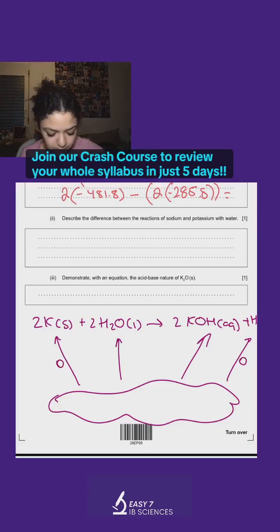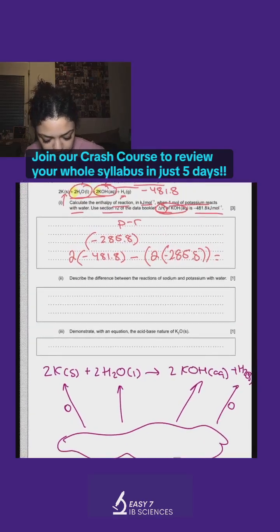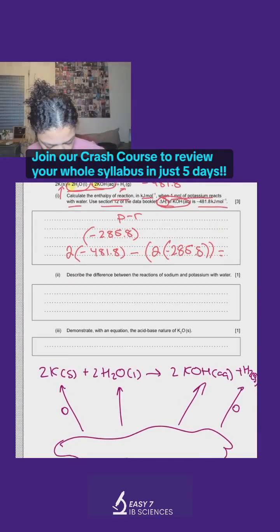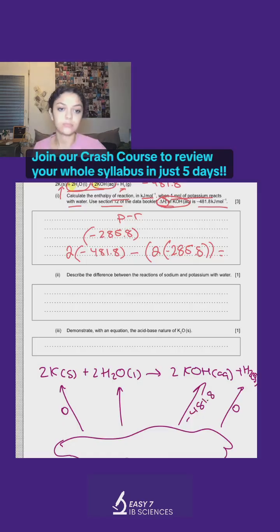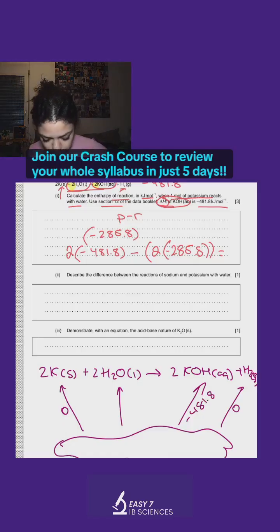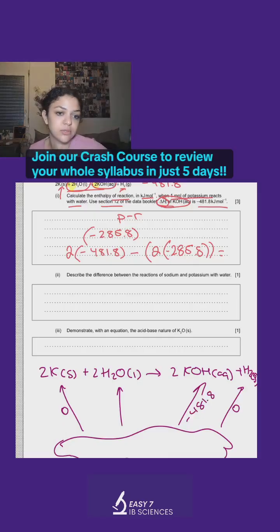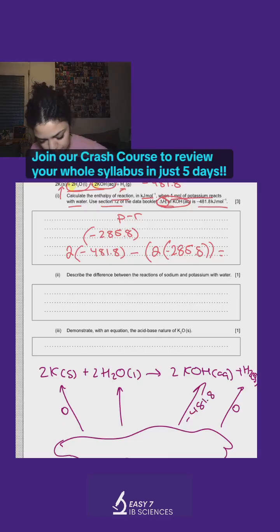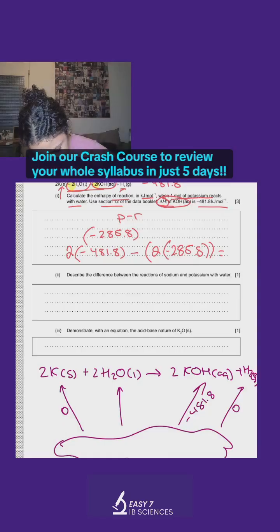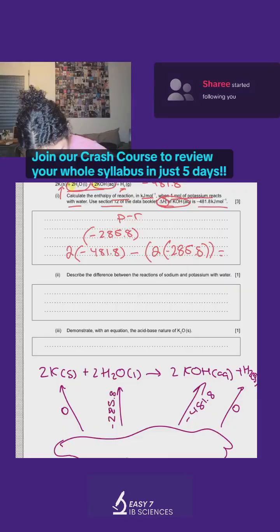Now, what about my potassium hydroxide? To form potassium hydroxide, they've told me that the elements added together form negative 481.8. Next, all my elements here form H2O, so they are negative 285.8.